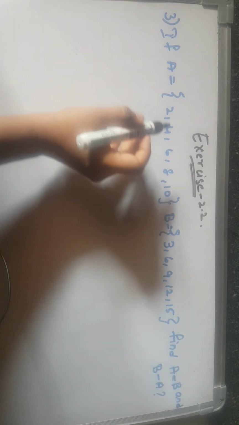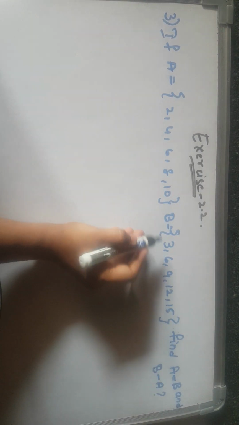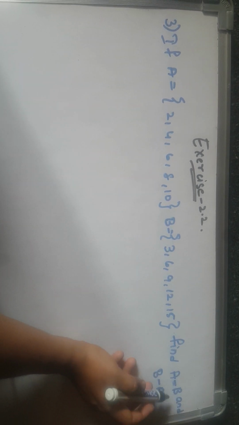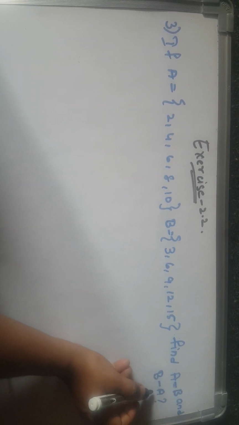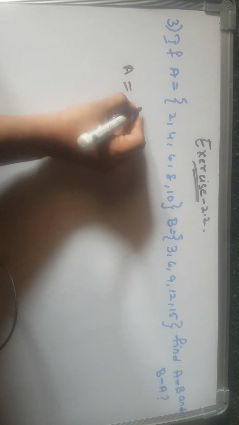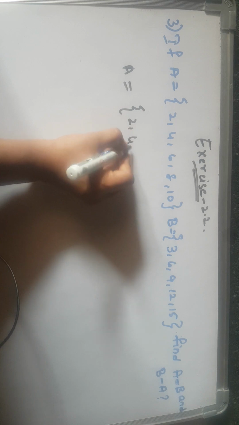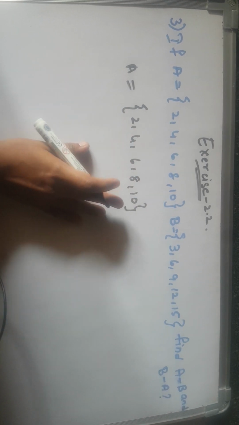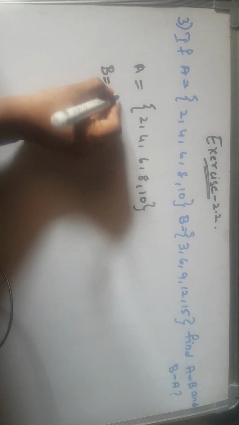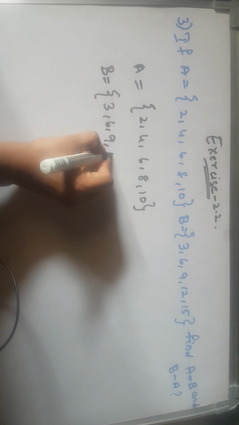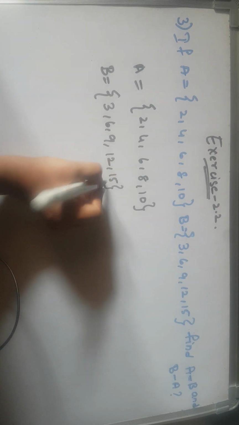If A equals 2, 4, 6, 8, 10 and B equals 3, 6, 9, 12, 15, find A minus B and B minus A. Okay, what is the value of A given? 2, 4, 6, 8, 10. What are the values of B? 3, 6, 9, 12, 15.